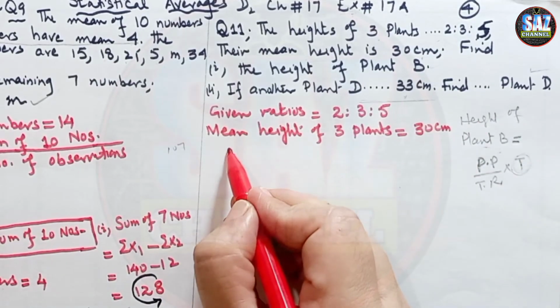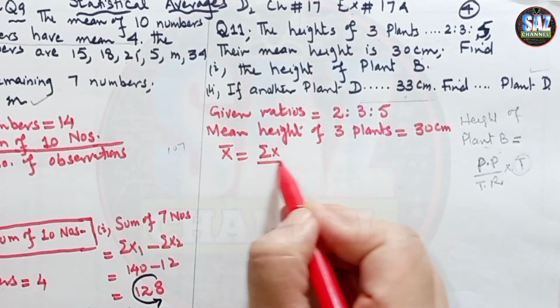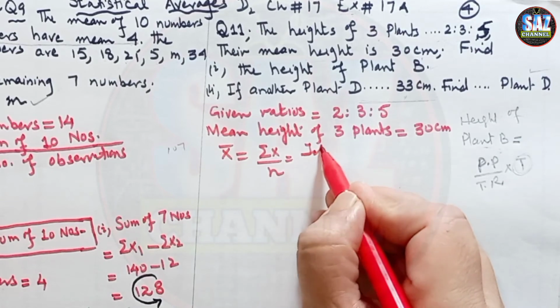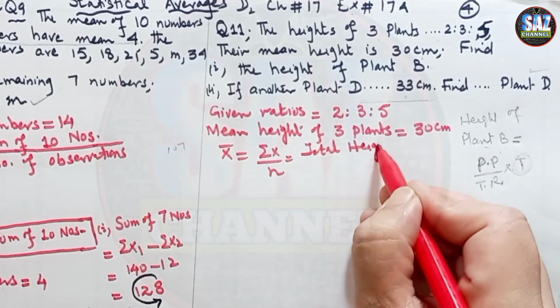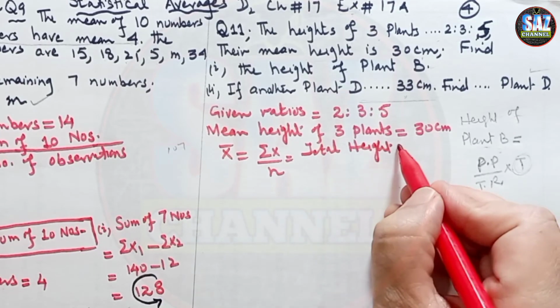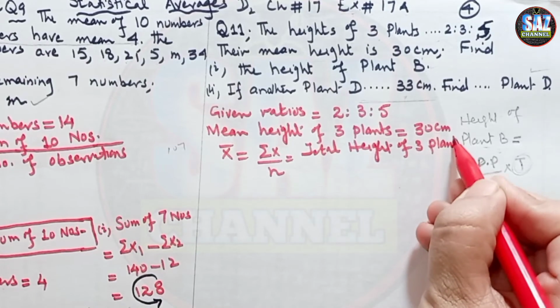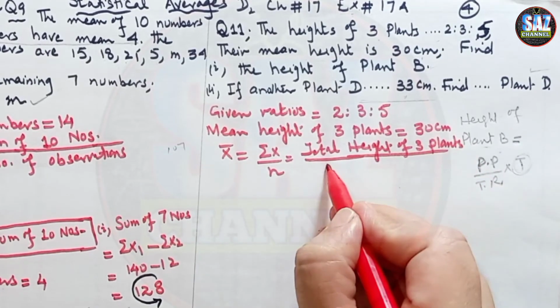The formula for the mean is summation of x upon number of observations, where x is the total height of 3 plants upon the number of plants.